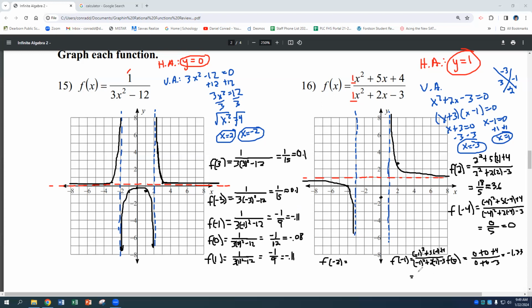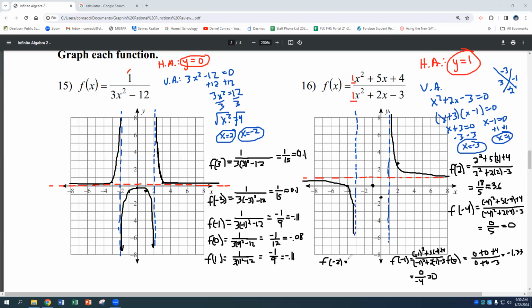That's going to give me 1 minus 5 plus 4, which is 0, over 1 minus 2 minus 3, which is -4. But that doesn't matter, it's going to be 0. Okay, so if this next one's down here, it's going to be a parabola. If not, it's going to go up.